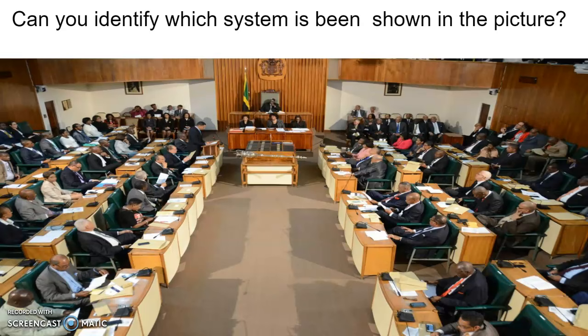In Parliament, it can consist of a bicameral legislature or a unicameral legislature. So from looking at this picture and knowing what the terms bicameral legislature and unicameral legislature mean, can you identify which legislative system is being shown here? Is it bicameral or is it unicameral? I'm going to give you a few seconds to just observe this picture.